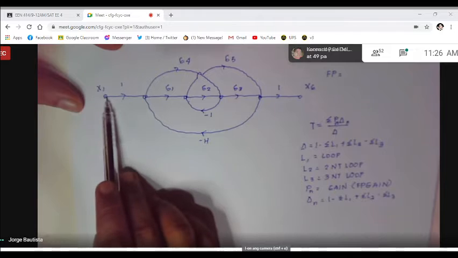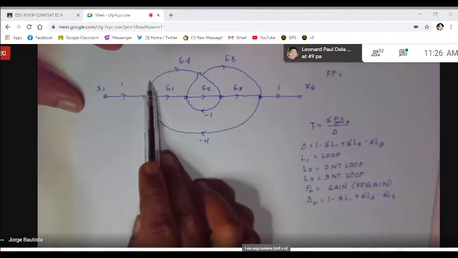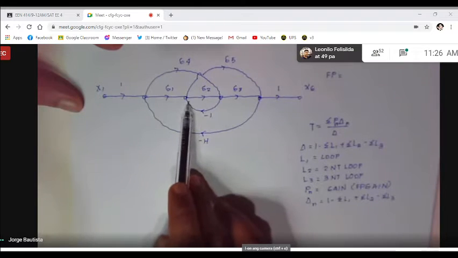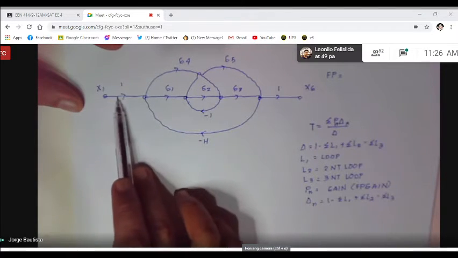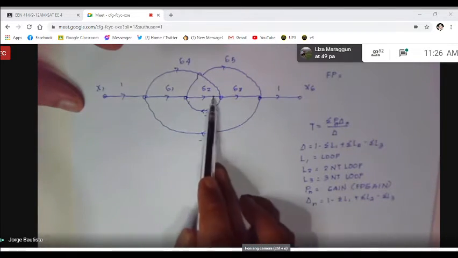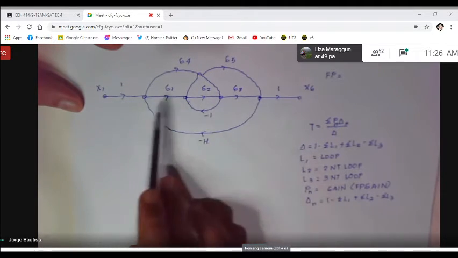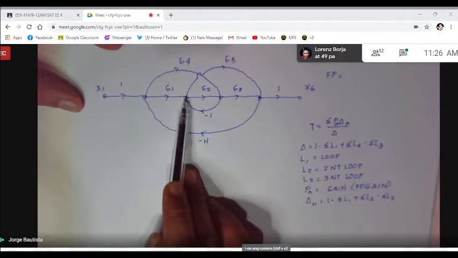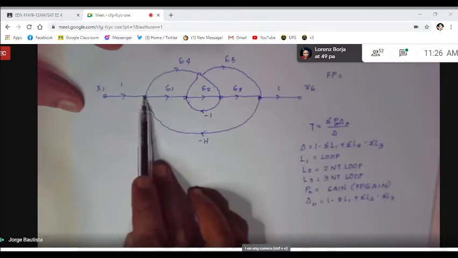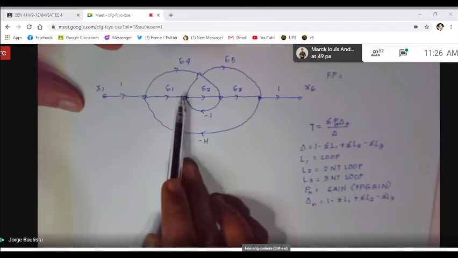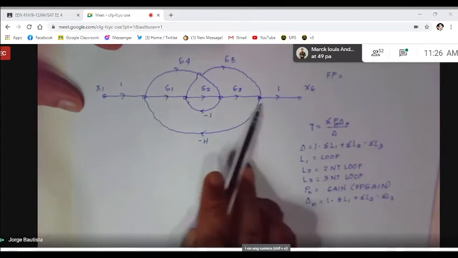Tignan nyo kung ito 5. Ay, yun na pala yun, yung arch. Hindi pwede, madadaanan ng dalawang beses. Okay? So, 4.